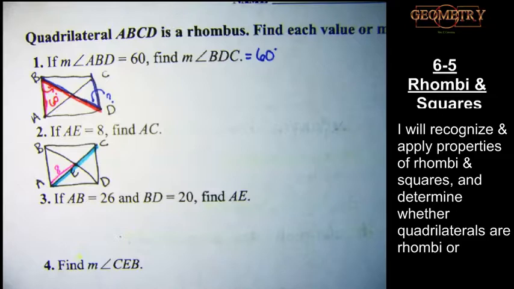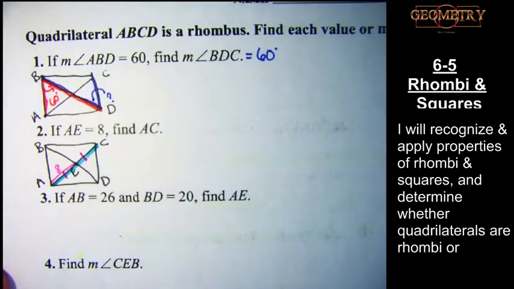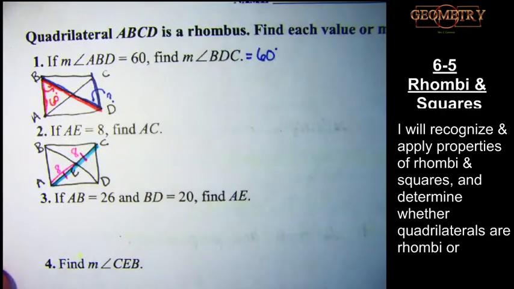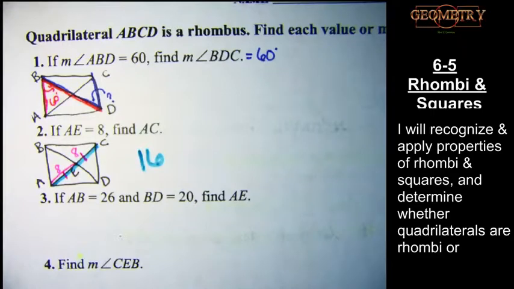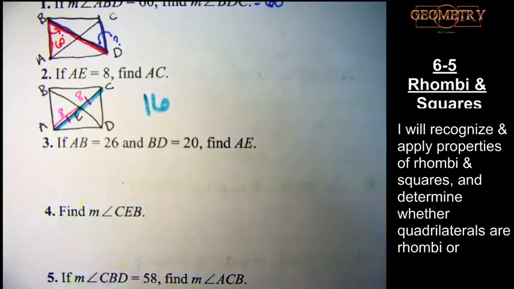And in a parallelogram, the diagonals cut each other in half, which means this piece is the same measurement as this piece. So if the pink side is 8, the not pink side is also 8. And so the entire thing is? 16. Because you did 8 plus 8. Easy enough? Okay.